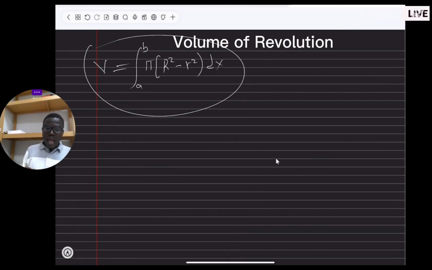And mostly the radii are expressions, because the function is in terms of a particular variable. In that case, when you substitute them inside here, it becomes an expression. And therefore you can integrate over that expression, and you'll be able to find the volume by putting in the limits from, let's say, a to b.